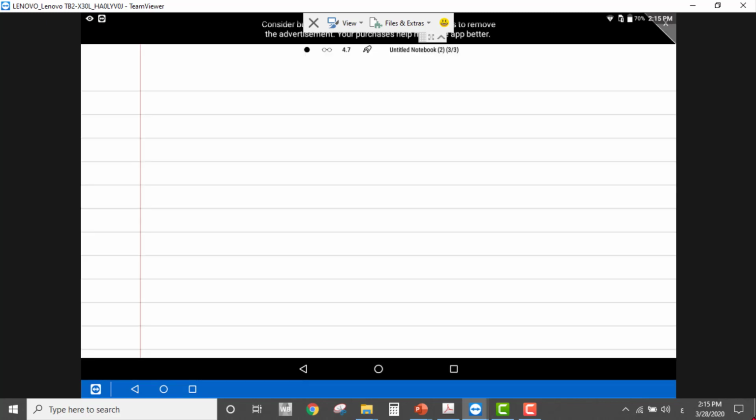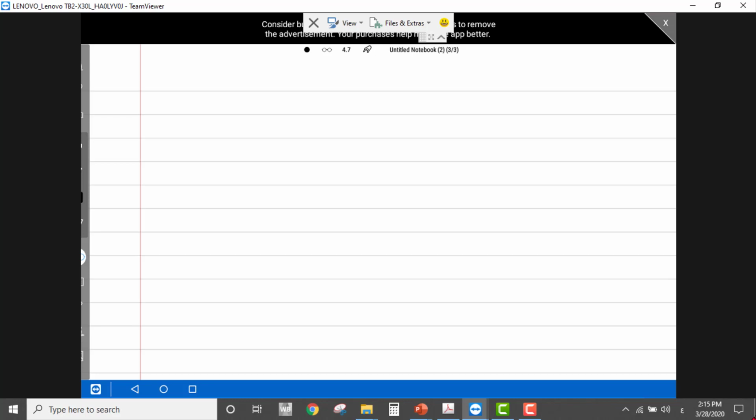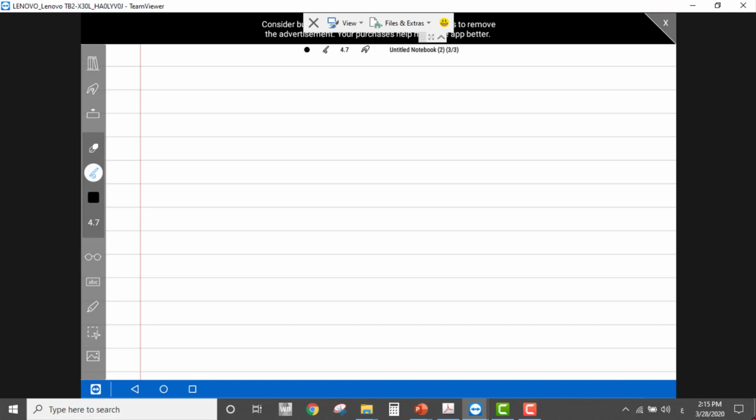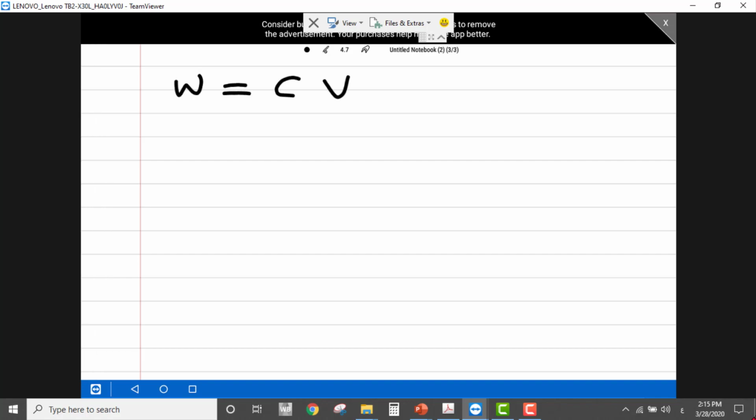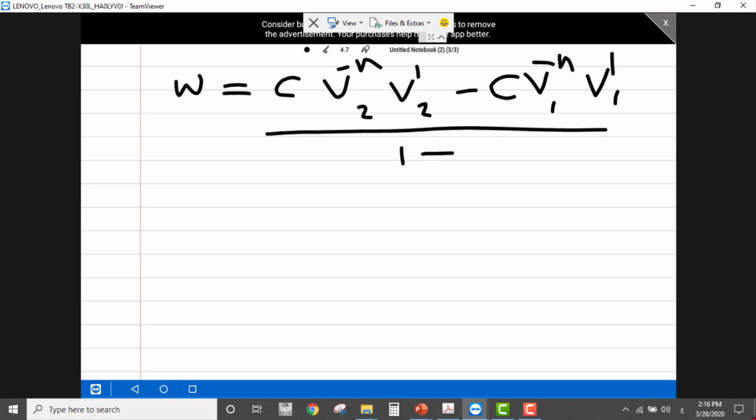So this is equal to C V2 to the power minus n multiplied by V2 to the power 1, so instead of writing the superscript minus n plus 1, I divide them, over 1 minus n. Minus C V1 to the minus n, and again the same, V1 to the power 1 over 1 minus n.